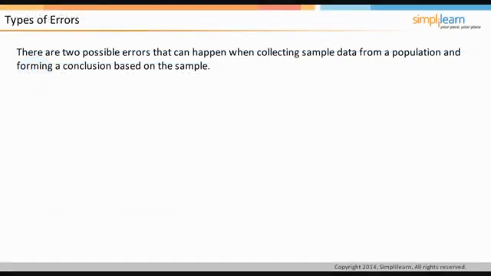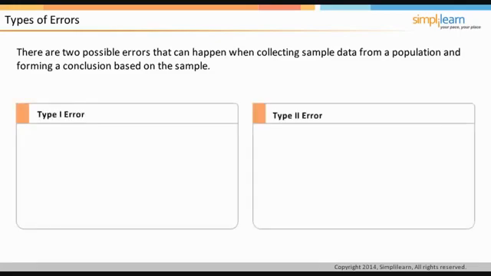In this screen, we will learn about the types of errors. When collecting data from a population as a sample, and forming a conclusion on the population based on the sample, you run into the risk of committing errors. There are two possible errors that can happen: type 1 error and type 2 error. The type 1 error occurs when the null hypothesis is rejected when it is in fact true.